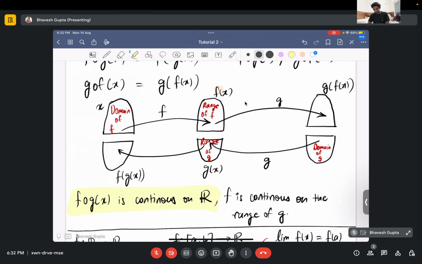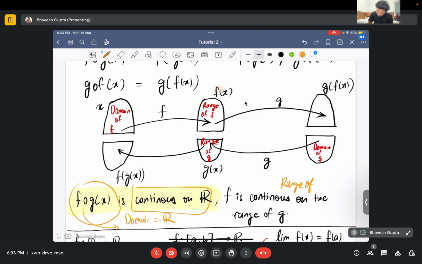Why? Because if I write that this function is continuous on R, that means the domain of this particular composition is equal to R. That's why I'm saying it is continuous over all real variables. That means if I talk about the range of the g function, that will be real numbers, right?